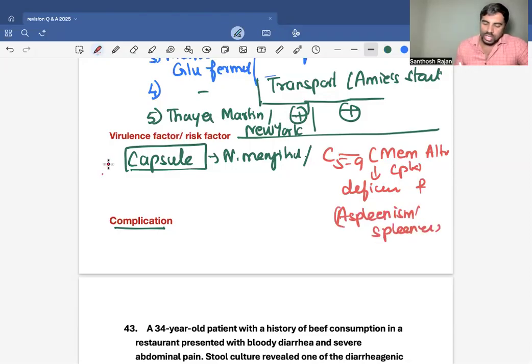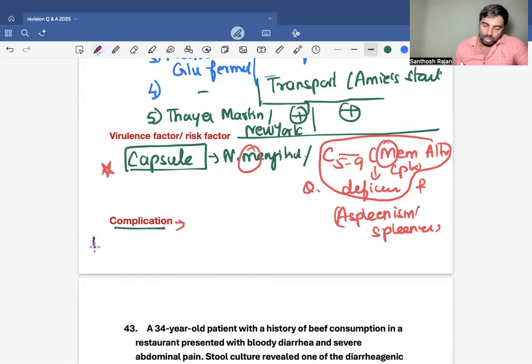Because in any of these, capsulated organisms will be common. But especially membrane attack complex is an important question frequently asked. Meningococcus complication: you should know that it causes Waterhouse-Friderichsen syndrome.